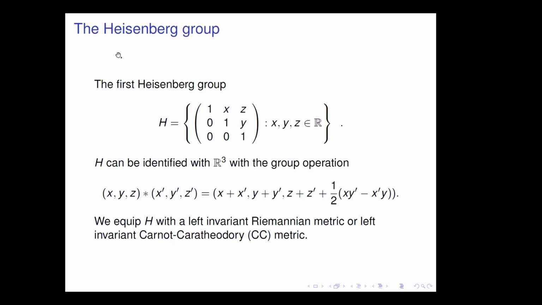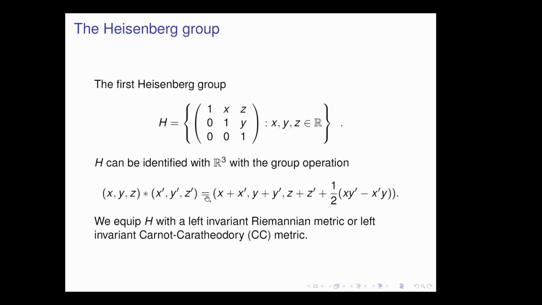Okay, so first we recall the Heisenberg group. The first Heisenberg group consists of all the upper triangular matrices with ones on the diagonal. And it can be identified with R3 with the following group operation. So you have x, y, z, and x prime, y prime, z prime.